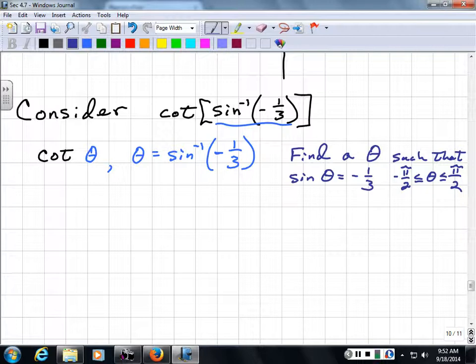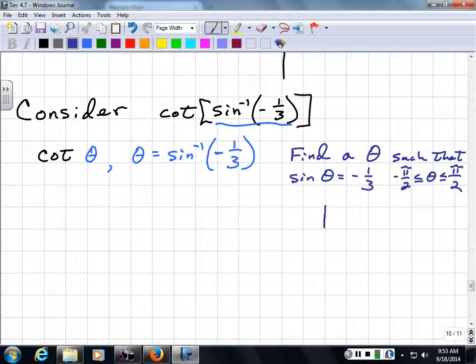Therefore, it's the numerator that's going to be negative. That means it's opposite. Sine is negative in the third and fourth quadrant. Obviously, I can't deal with the third quadrant because it falls outside of negative pi over 2 to pi over 2. So we're dealing with a fourth quadrant angle here.